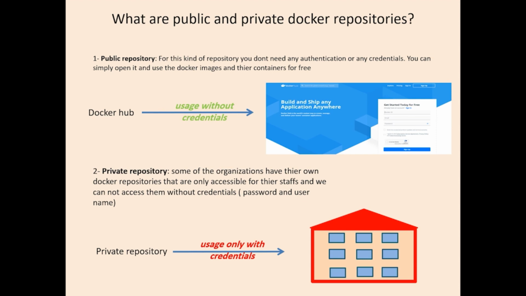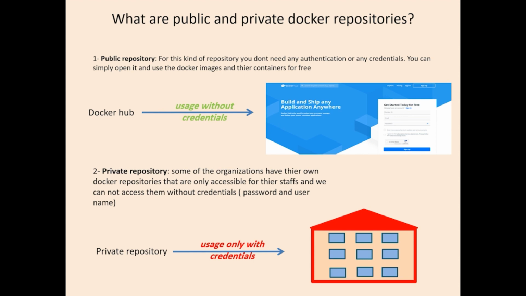Some companies, some organizations develop their own applications in the form of Docker images. And as we said, the Docker images must have a place, and this place is a repository. So these organizations create a private repository for themselves, and they push these images to this private repository.